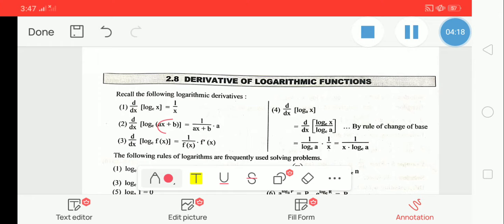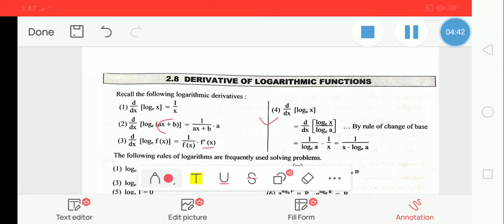So here it is 1 divided by f of x multiplied by f dash of x.